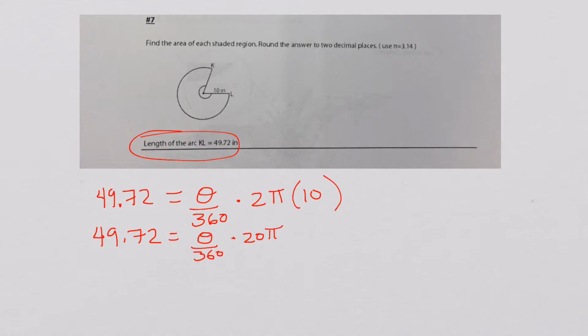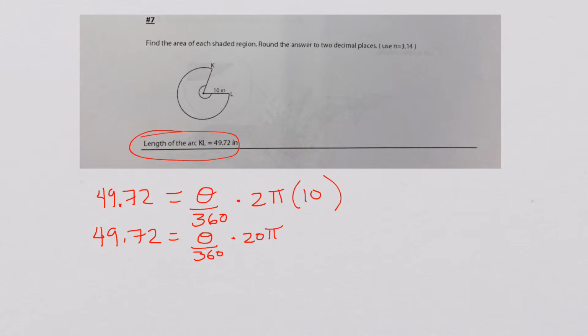Now, we need to get this angle by itself, so we have to get rid of everything that's in the way. I like to go farthest away first, and the farthest thing away from this angle is this 20 pi. Let's get rid of that first. As you should remember from algebra, if you're multiplying something, in order to change sides, you do the opposite operation.